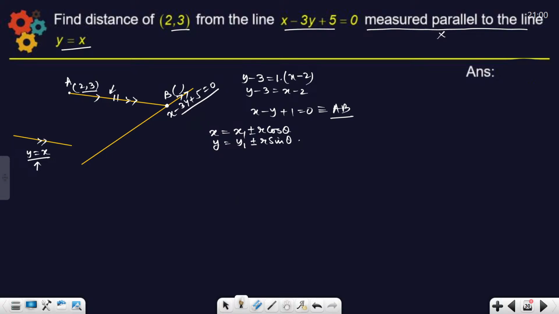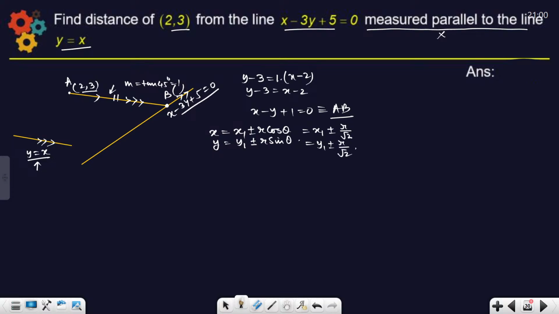Now, what is the slope of this line? Since it is parallel to y equals x, its slope will be tan 45, which is nothing but 1. So if it is 45 degrees, cos 45 gives us 1 over root 2. This is also 1 over root 2.